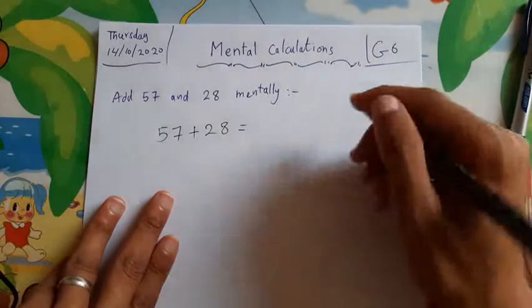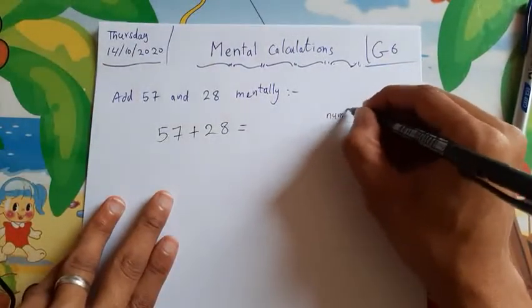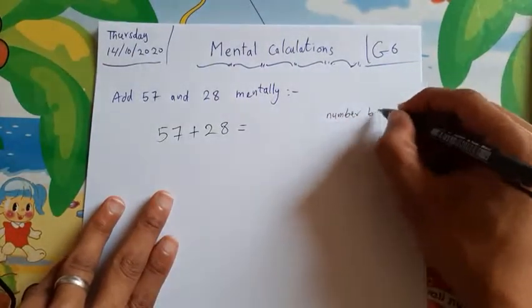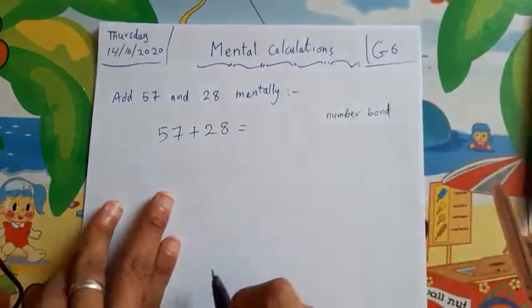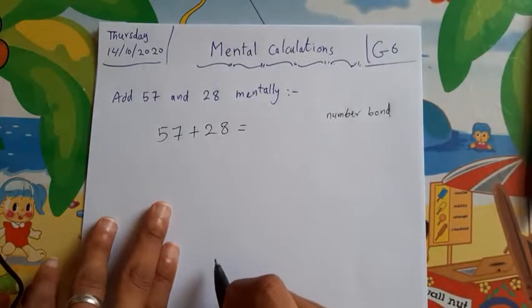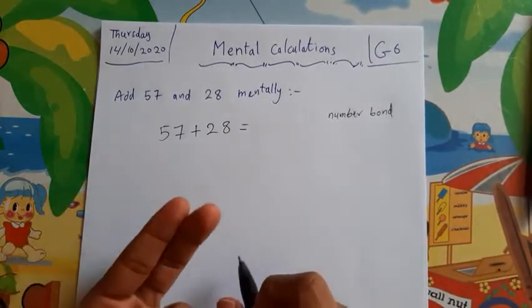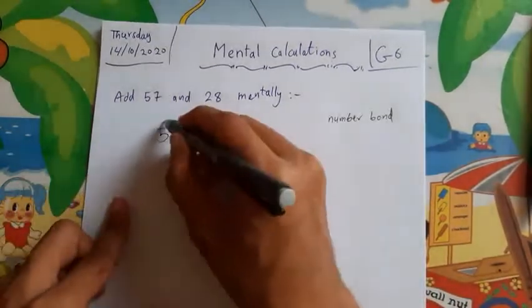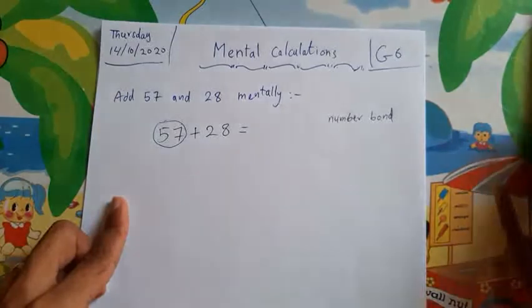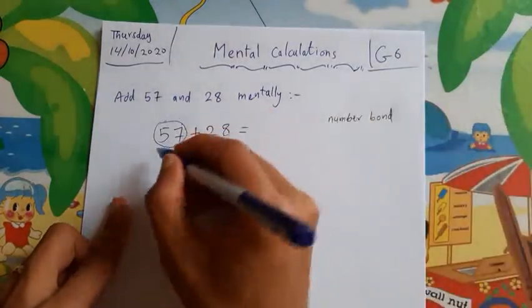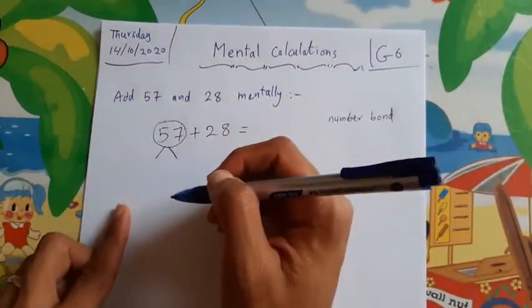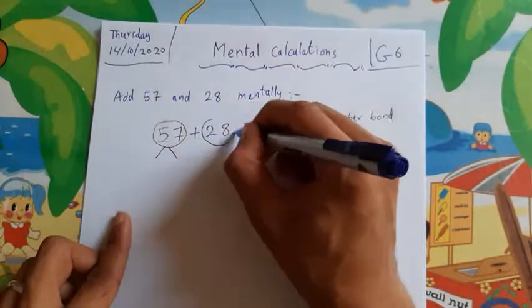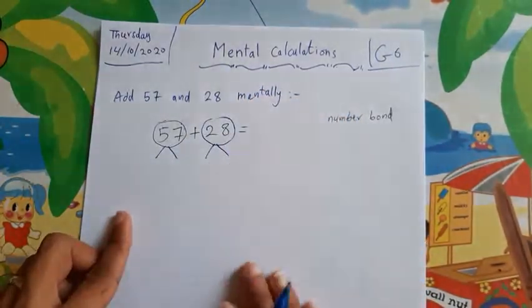find something called number bond. What is number bond? Number bond is like two numbers which make one number. For example, I'm going to split 57 into two numbers, and 28 into two numbers.